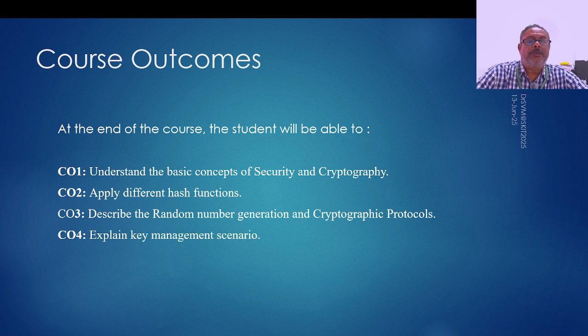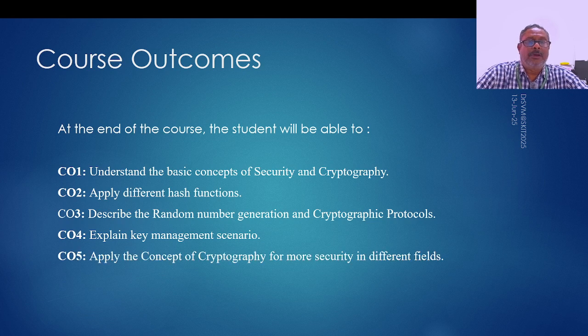They will also be able to explain key management scenarios, and apply the concept of cryptography for more security in different fields. So these are the course outcomes, and at the end of the course, the student will be equipped with these 5 outcomes.